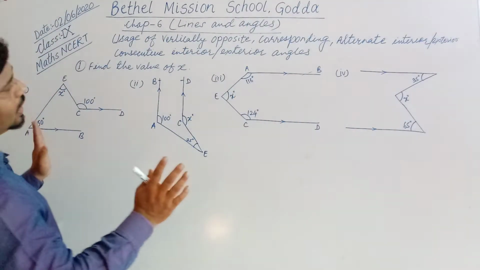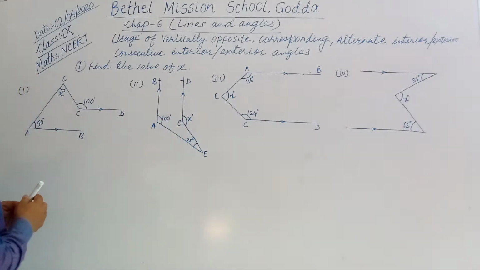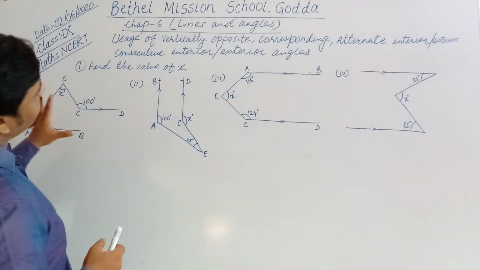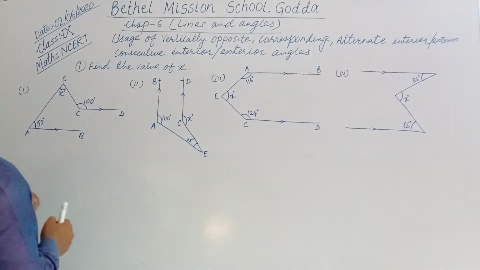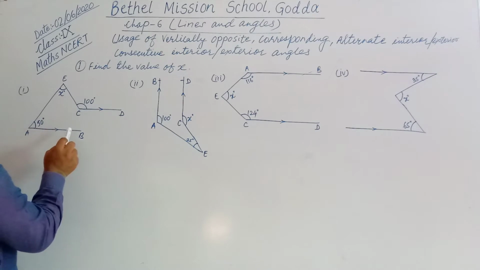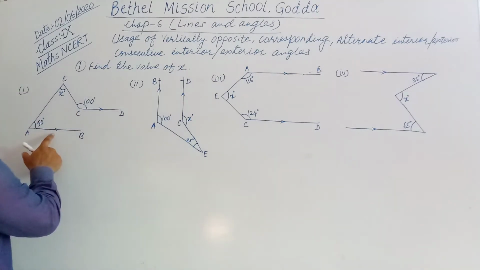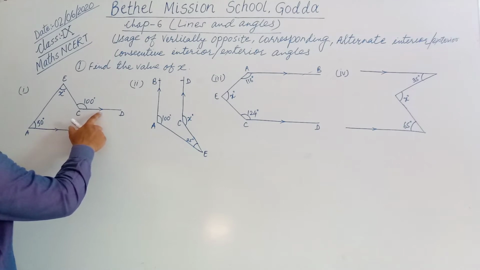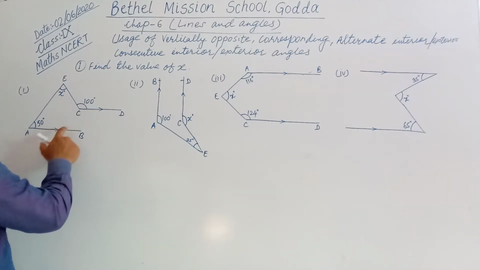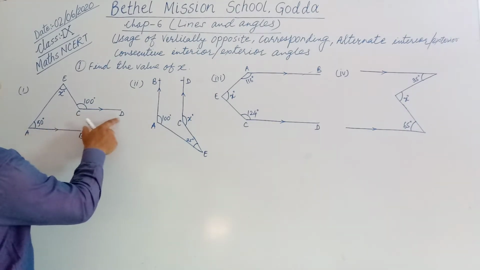When you face this type of question, what will you do? You can see here in figure number 1, AB and CD, these two have arrows. The direction of the arrow means that line AB is parallel to CD.